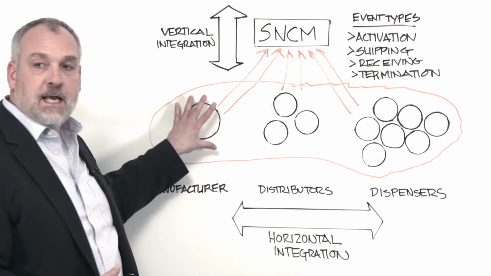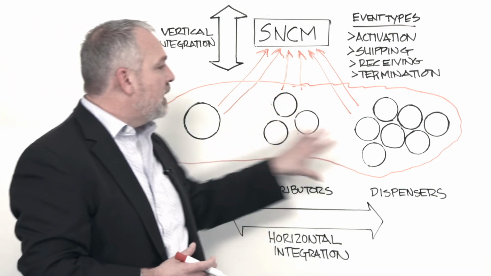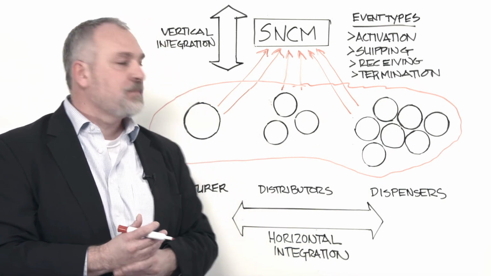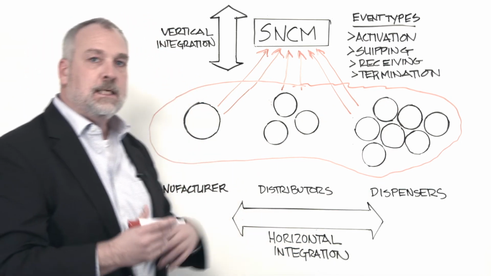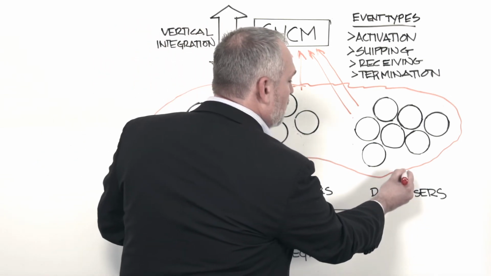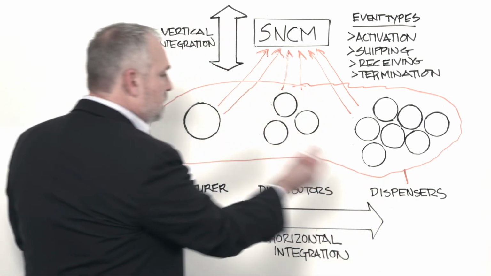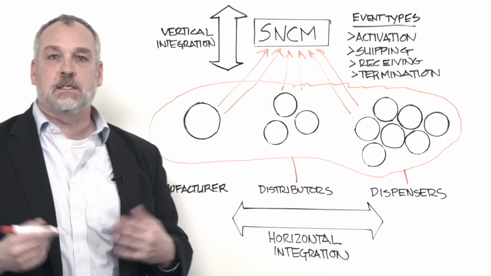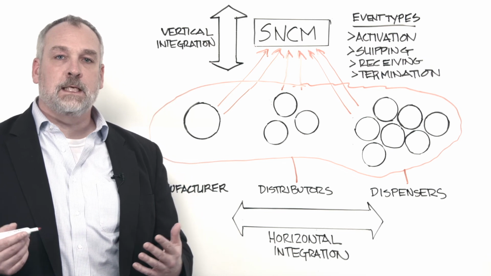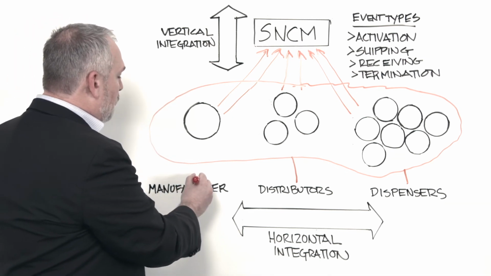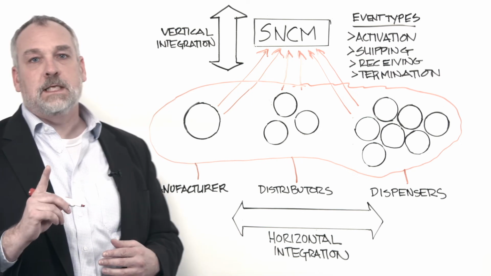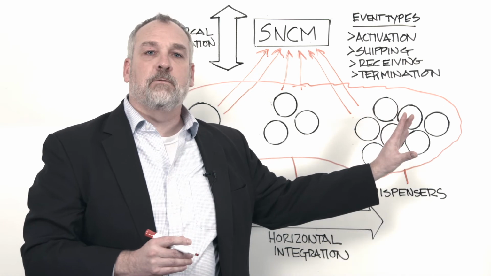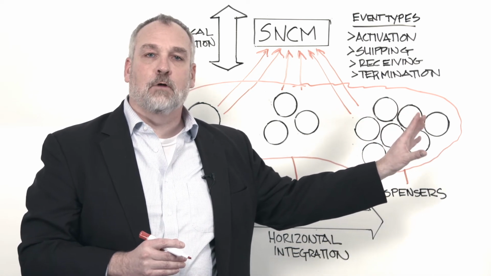So a manufacturer that is a TraceLink customer can integrate with any of their trade partners, whether they're TraceLink customers or not. And the way they interoperate is each company on the network integrates in, your dispensers integrate their systems in, your distributors integrate their systems in, and ultimately the manufacturer integrates a single time into the TraceLink network, and we're able to communicate that information across that network to them.